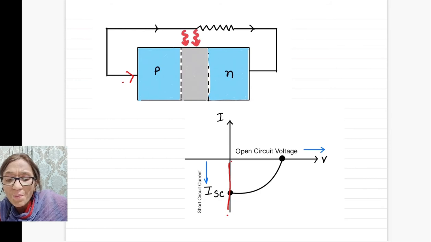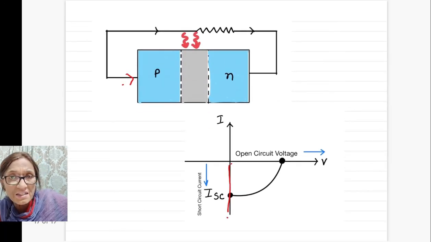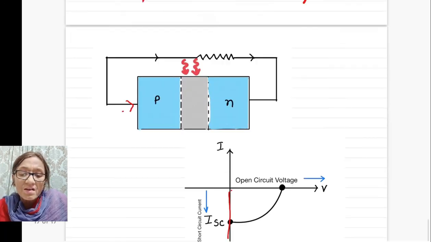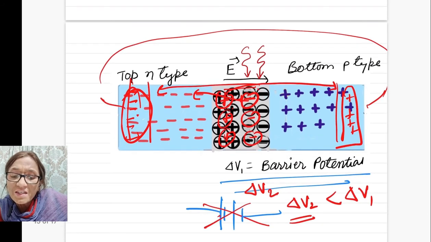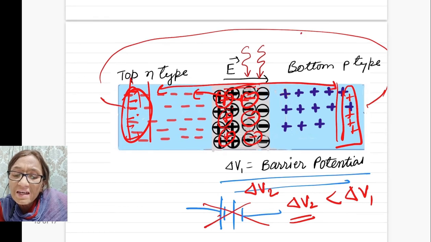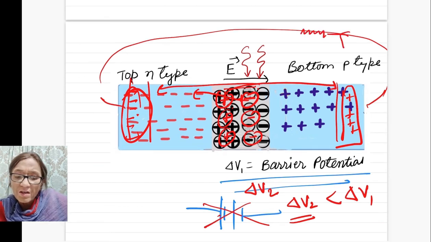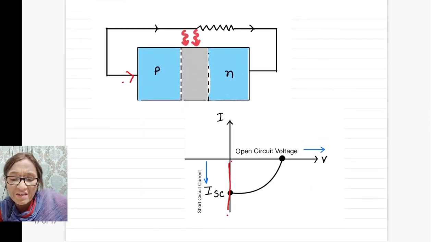So your open circuit voltage is positive. You can see it has a value greater than 0. Here you can see the potential difference is positive. Now here if you connect any load, then current will flow through this load. So this is your open circuit voltage versus short circuit current graph. This is in the fourth quadrant.